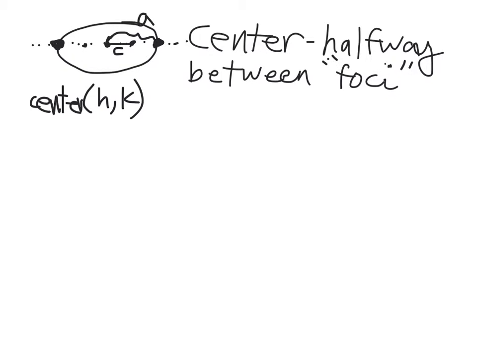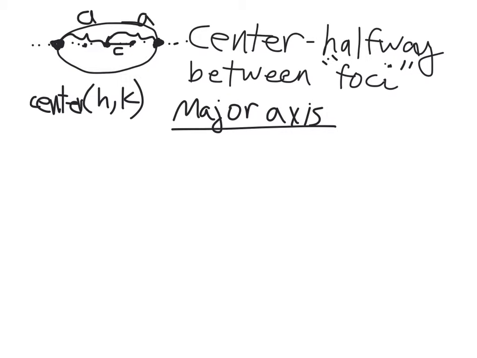So that would also be a. So the length of what we call the major axis is going to be the length 2a. And that actually will be that constant sum that we talked about with the definition.